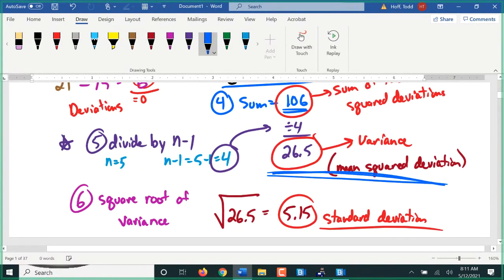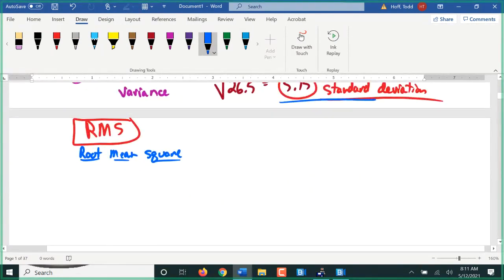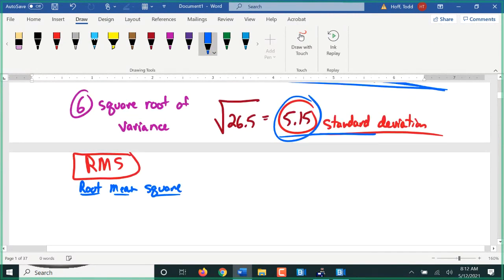Variance is the mean squared deviation. So the RMS deviation is the root of the mean of the squared deviation. In SPC, the RMS deviation term is often used instead of standard deviation, but they're the same thing. So that standard deviation tells us, on average, the points in that data set are 5.15 away from the average. The average deviation is 5.15.